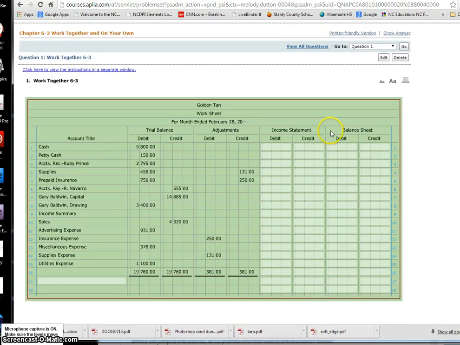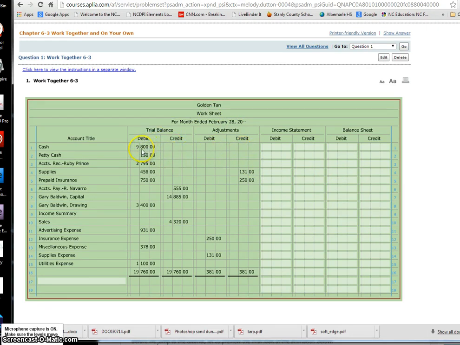Okay? Balance sheet accounts are going to be your assets, your liabilities, and your owner equity accounts. All of these are going to be listed on your balance sheet side. Okay? So we look at cash. We have $9,800. We have no adjustments. Okay, cash is an asset.